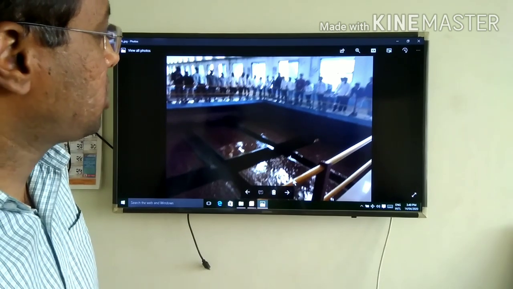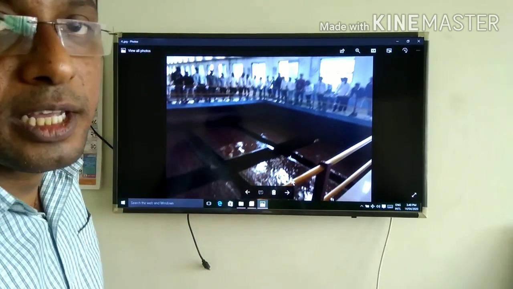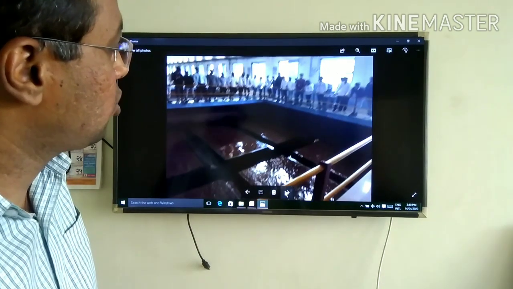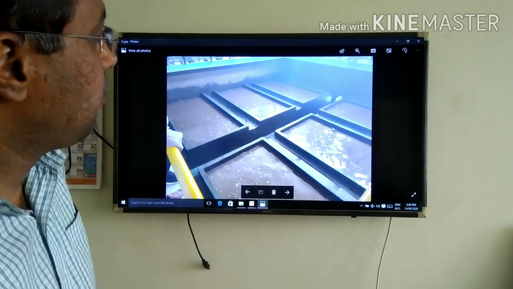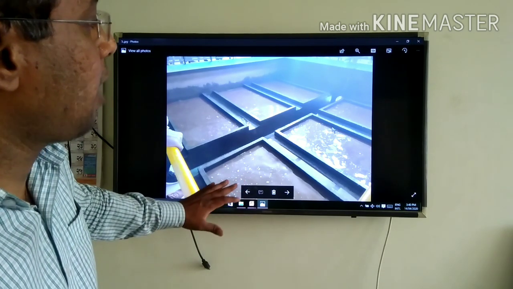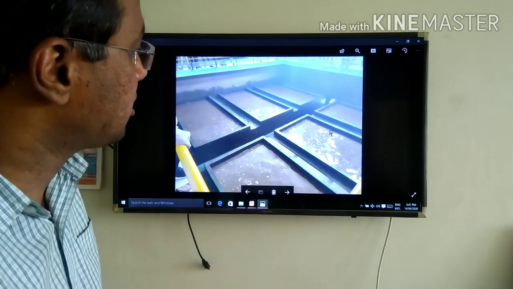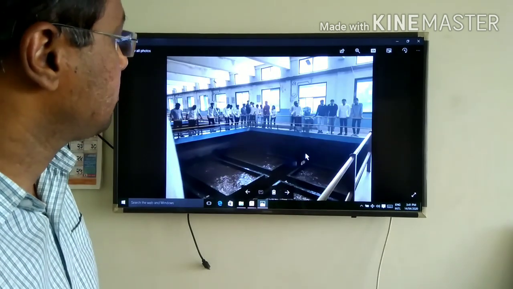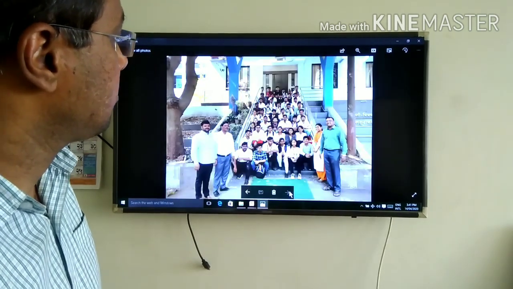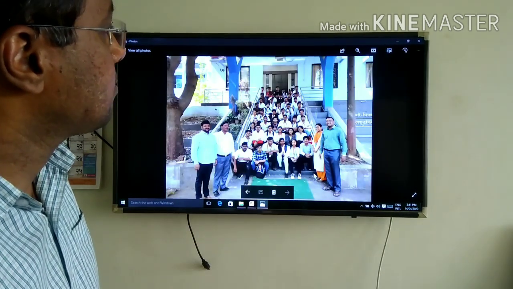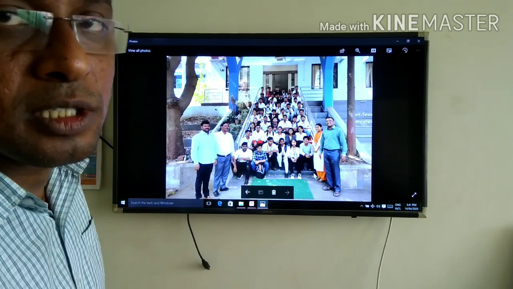After backwashing, the water comes through this filter bed to the outlet. It is going for the outlet. This is after stopping the filtration process. And this is our last picture, as we have successfully completed the visit.